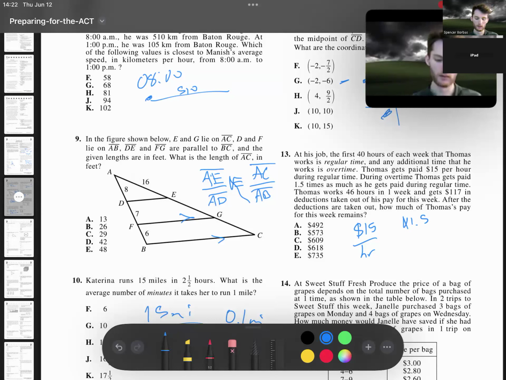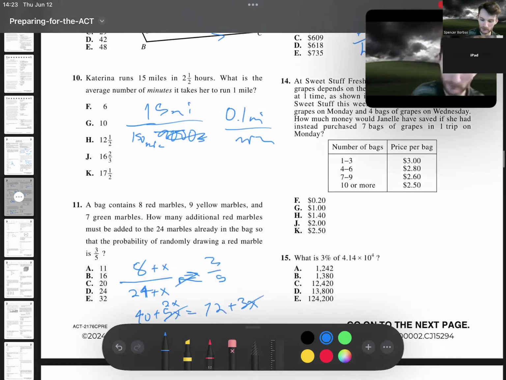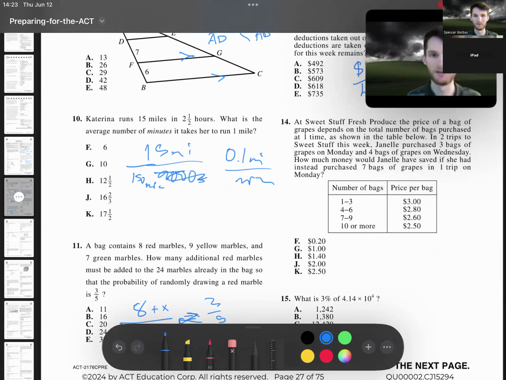Okay, 40 hours times 15 equals 600, plus 6 hours times 1.5 times 15, 735, and he gets 117 taken out. So my answer is 618. 13 is D. Hopefully I have enough time to double check if I made any misunderstandings about what the questions are asking.